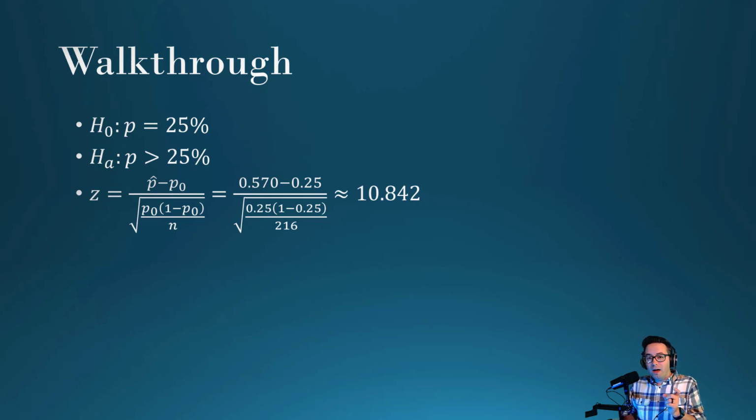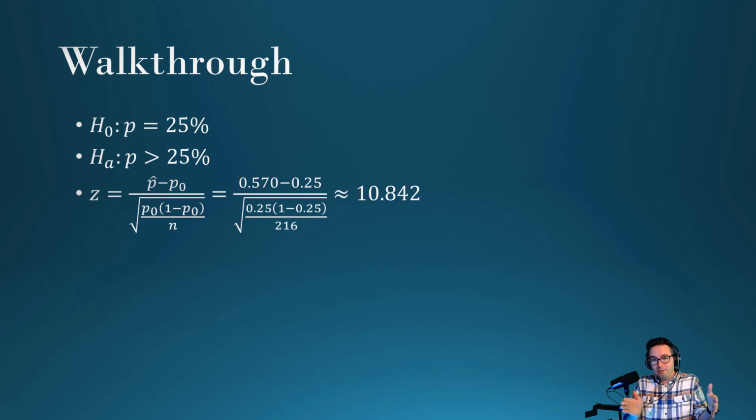If you think about that Z for a second: so far, when we've done Z's, the first standard deviation is about 68%, the next is about 95%, and the next is about 99.7%.